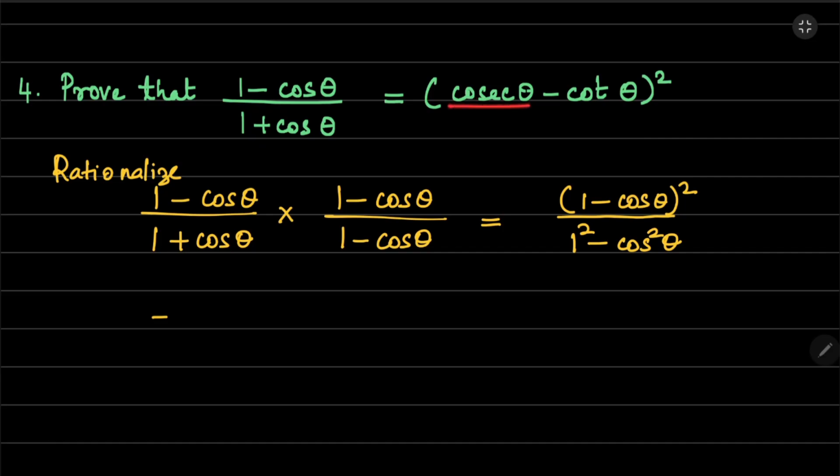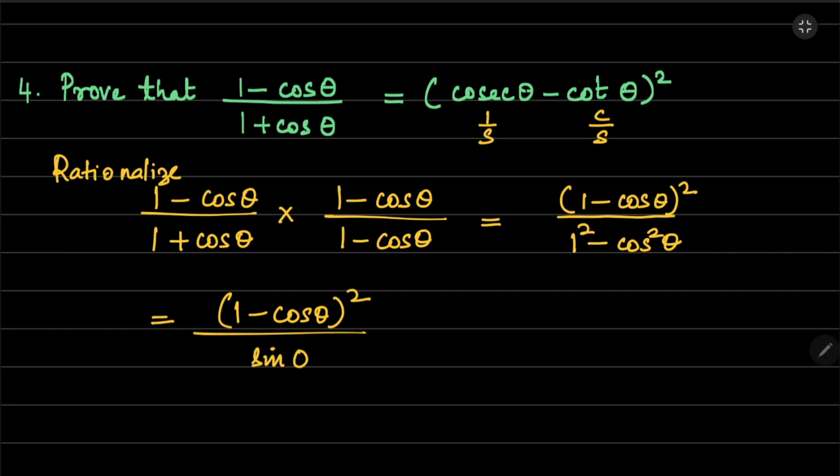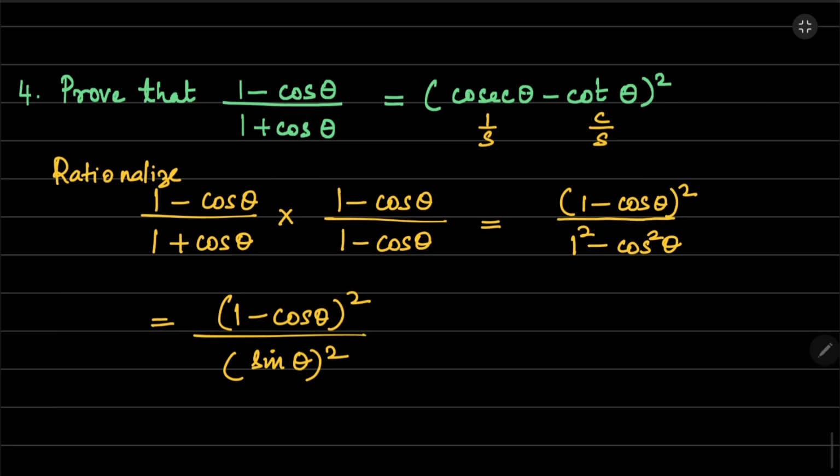Here you need 1 over sine. Here you need cos over sine. So what do you need in the denominator? You need a sine. So 1 minus cos square is sine square theta, right? So let me write here: in the numerator you have (1 minus cos theta) the whole square divided by sine square theta, or sine theta the whole square. This is what you get.